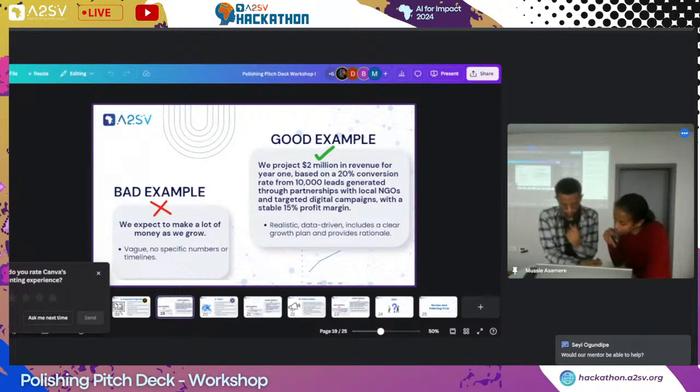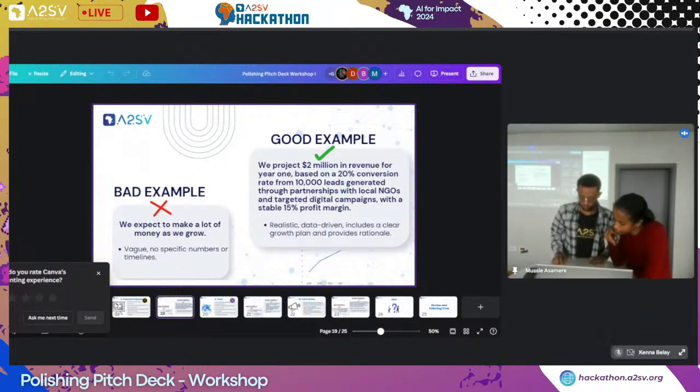Yes, the mentor would be able to help. I think they would give you some pointers on how to improve it. Because this is project specific, that's why we're moving it to that section. But if you have any other questions, we can answer them right now.